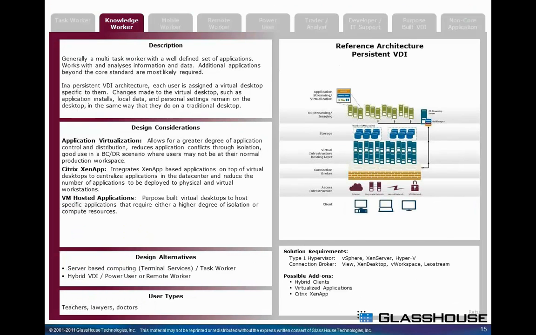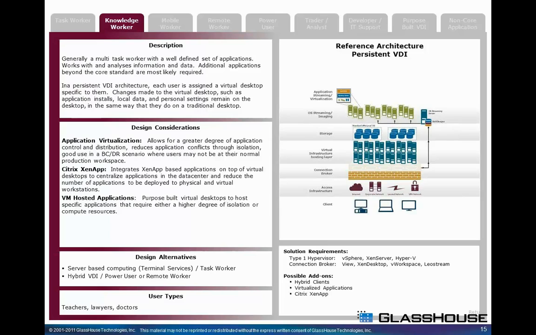And on the slide, you can see as an example, and this is a general example, so there are no specific product names, but in a true design, this would say this is for lawyers, and it's a task worker, and for the solution we have hypervisor X and a connection broker Y, and we need add-on, let's say, application virtualization and profile virtualization, and the users need to access the device through the internet, so there needs to be some kind of SSL broker available.